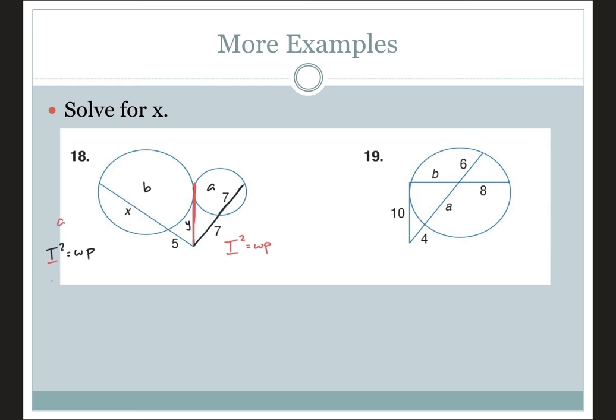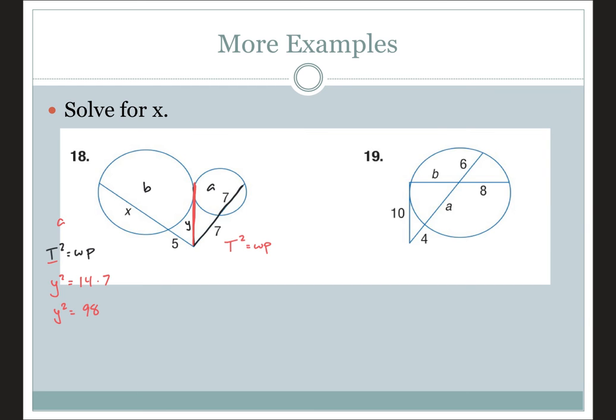So I've got y is my tangent, so y squared is equal to, the whole thing is 14 times 7. So 14 times 7 is 98, so I have y squared is equal to 98. Okay, well, now I'm going to pause for a second and look at my circle B over there.